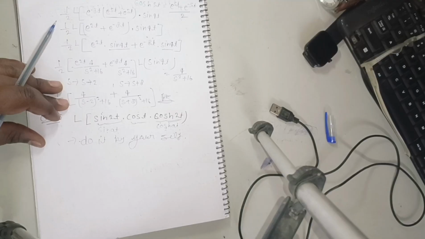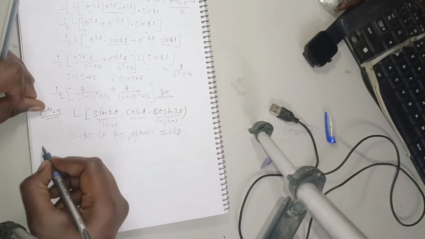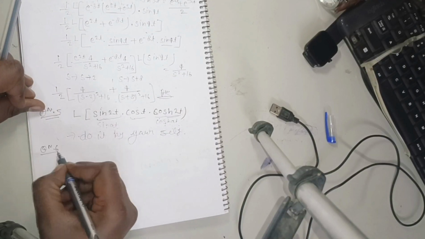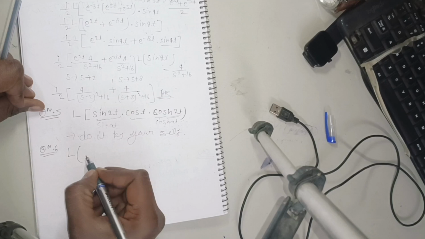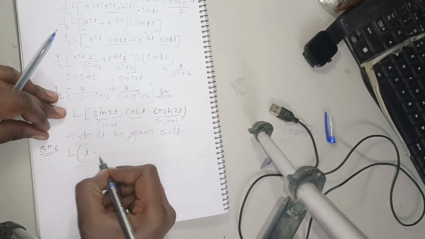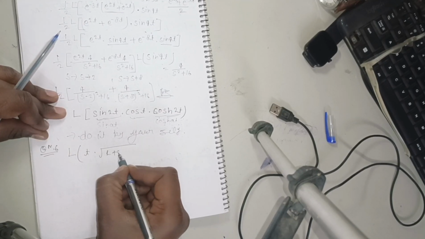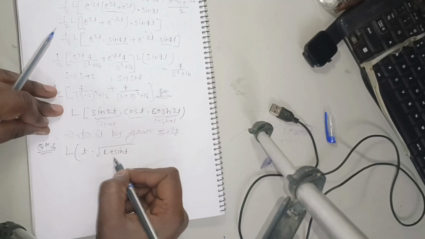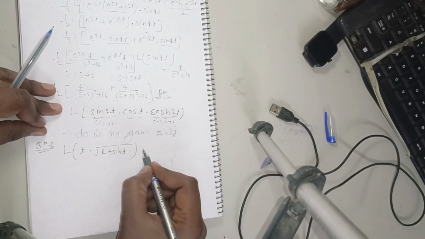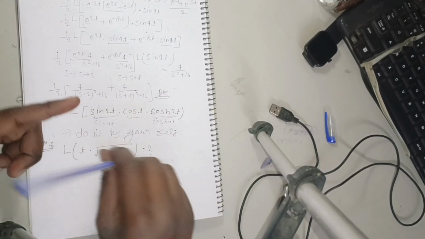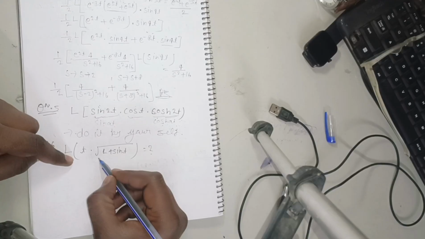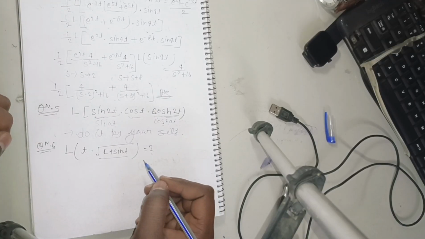Now the next type of question, question number 6, is on the multiplication theorem. It is Laplace of t into 1 plus sine t. What will be the Laplace of this? See it very carefully.